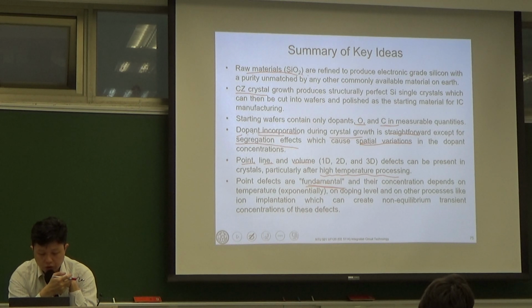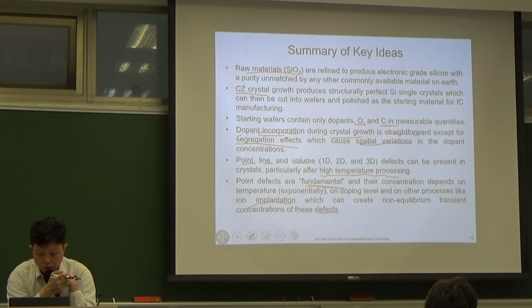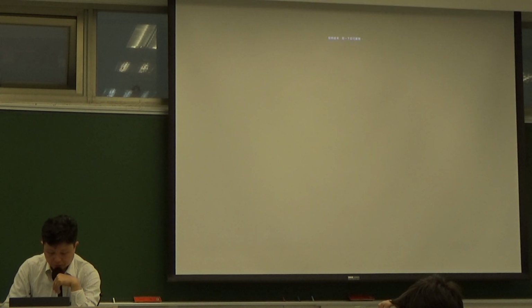Right? And during the fabrication process, like implant here, that will create this non-equilibrium transient concentration of these defects, and that will change your dopant diffusion constant. So we call it the transient enhanced diffusion. So you will have larger diffusivities in your materials because of these defects. Okay.